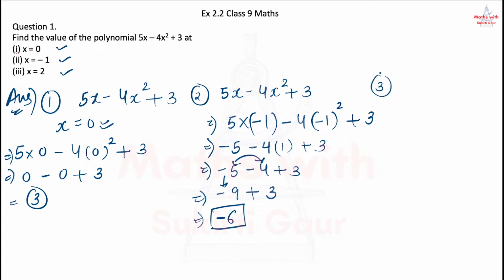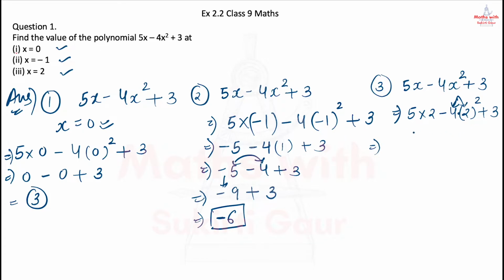Taking the third one, it is 5x minus 4x square plus 3 at x equals to 2. So I am going to take x equals to 2: 5 into 2 minus 4 into 2 square plus 3. If there is no sign in between, then we'll consider it as multiplication.